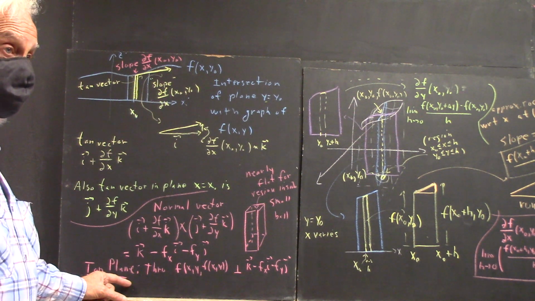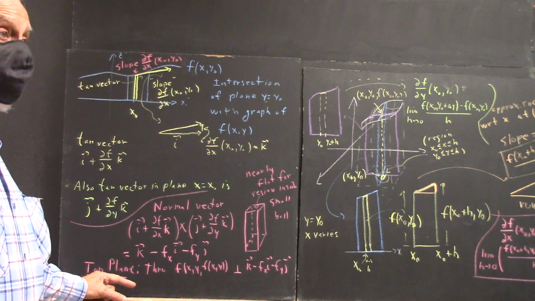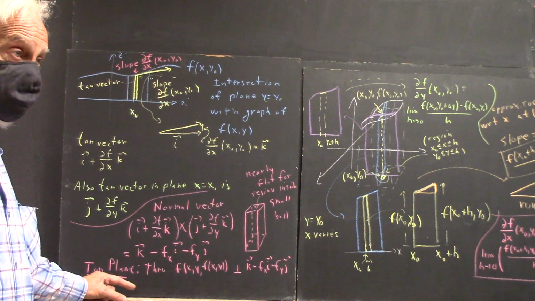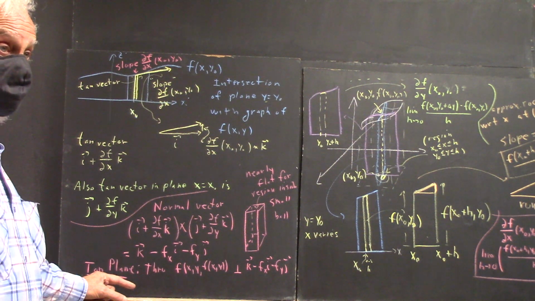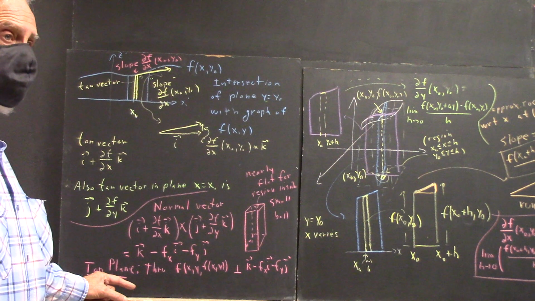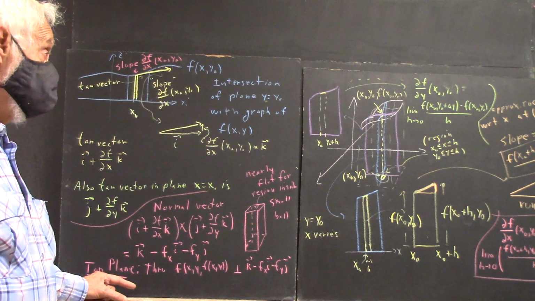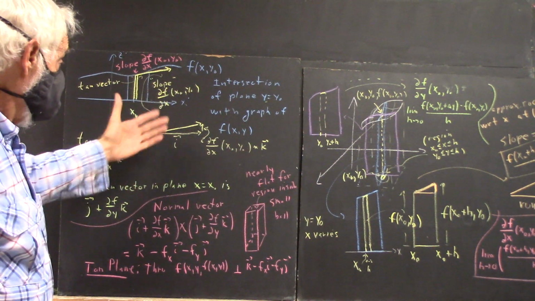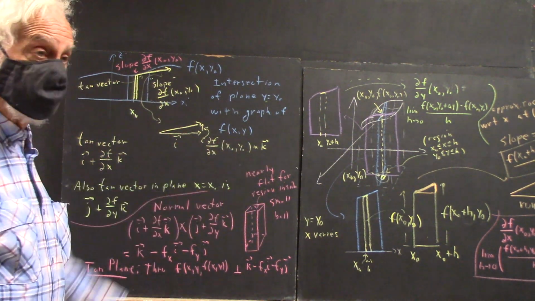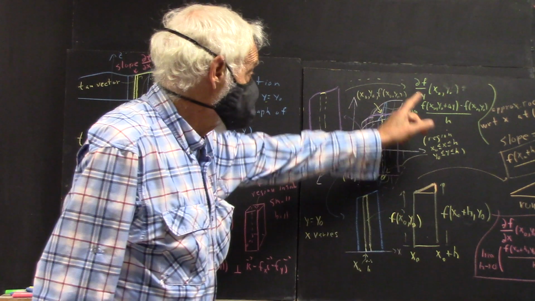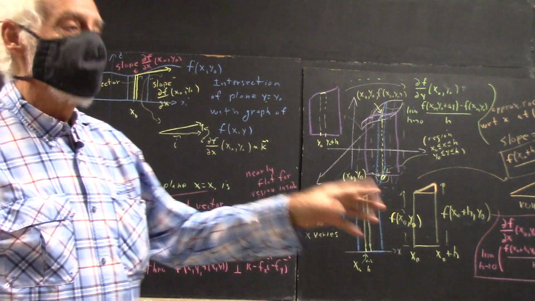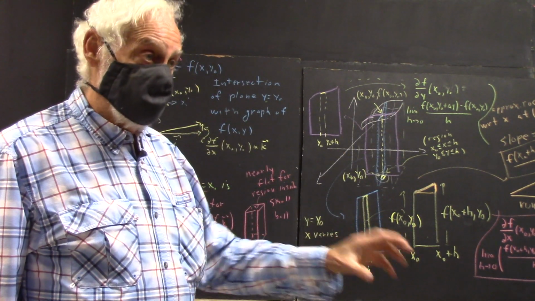Now, implicitly, this is a function that's differentiable in the neighborhood of x naught, y naught, or at least differentiable at x naught, y naught. Because if it isn't differentiable, it means that these limits don't exist. These limits are this one and this one. At least one of them doesn't exist. They don't both exist.